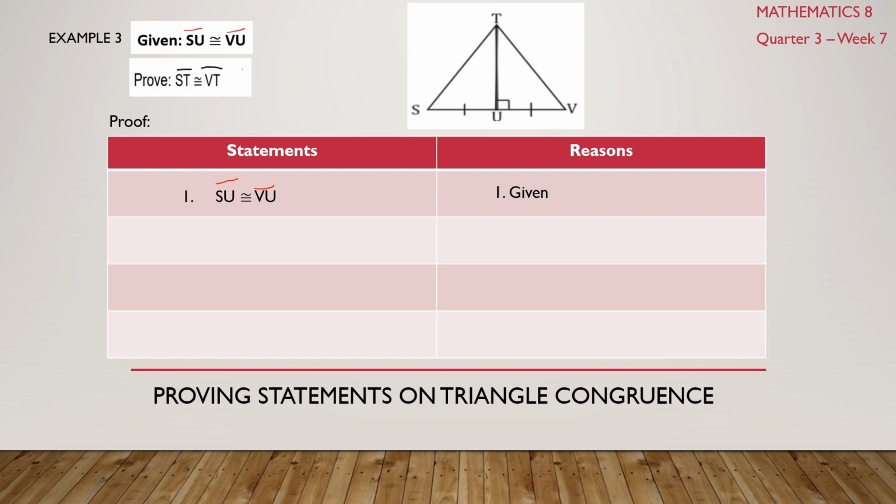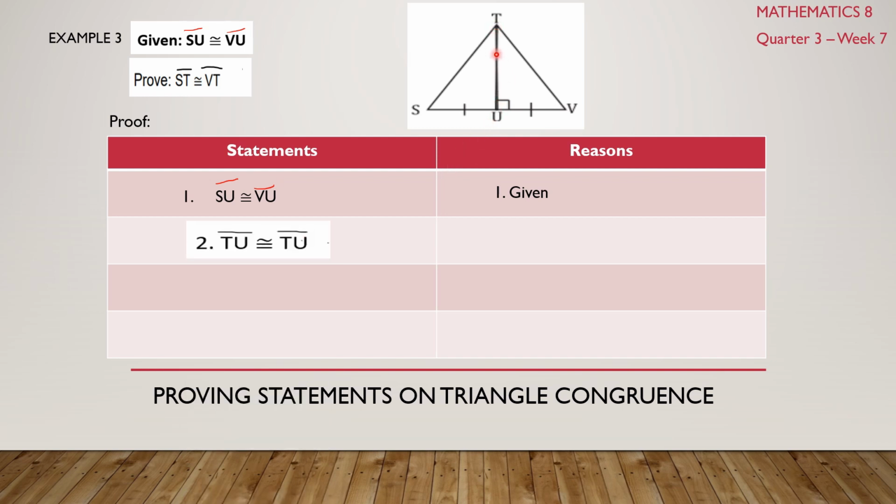Next, for our second statement, let's look at the figure. By looking at the given figure, we can notice that TU divides the big triangle into two right triangles. So our next statement will be side TU is congruent to side TU.